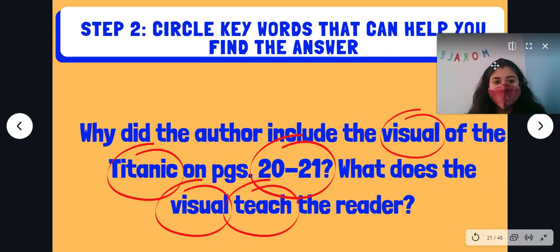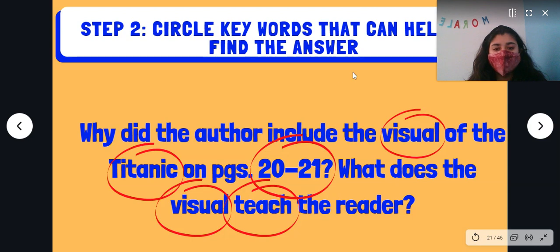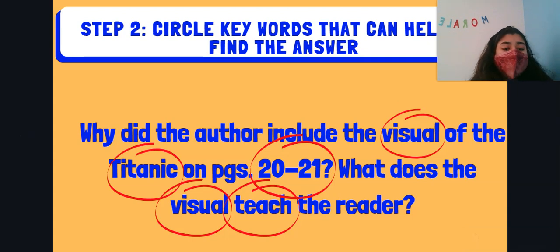I've gone ahead and circled some of our keywords. I circled the word visual because it lets me know that I am looking for a text feature. Remember, visual means an image, like an illustration or a photograph. So I am looking for an illustration or a photograph. I also circled the Titanic because we need an image or photograph of the Titanic.